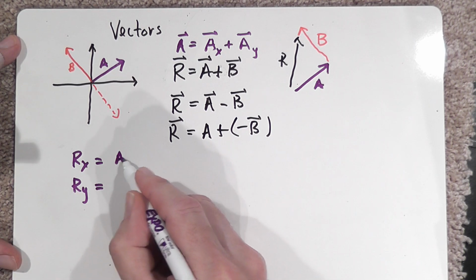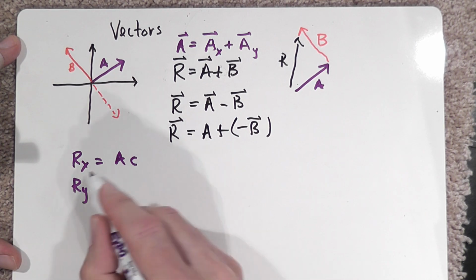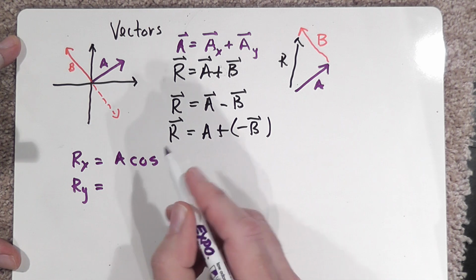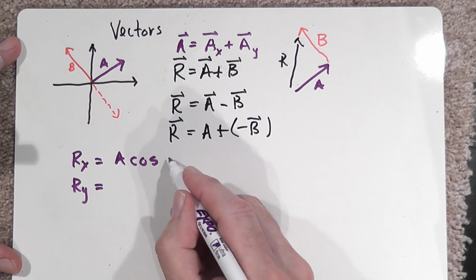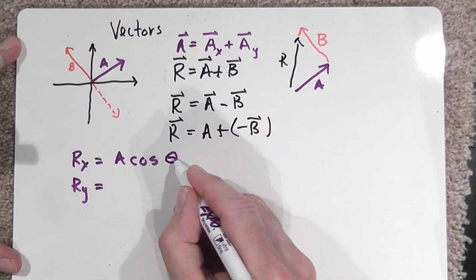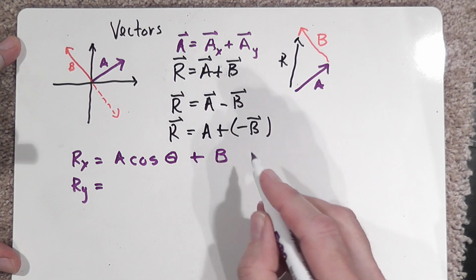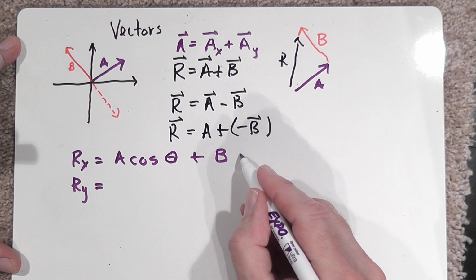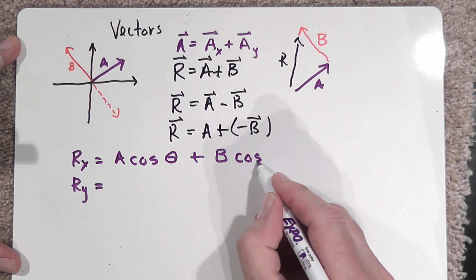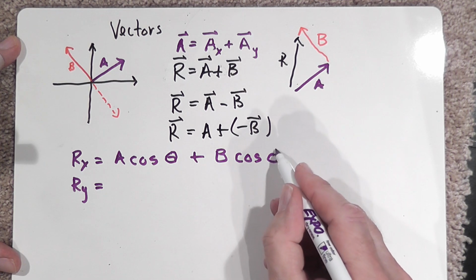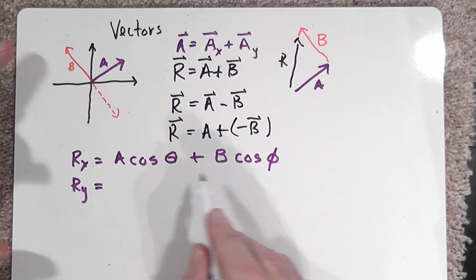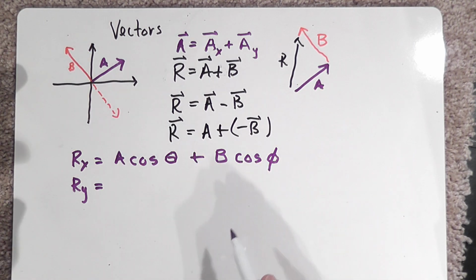You'd have A, and for the x component it would be cosine, and then the angle for your first vector, plus B, the magnitude of the B vector, times the cosine of its angle, and we would call that phi, just to designate the two different angles of the two different vectors.